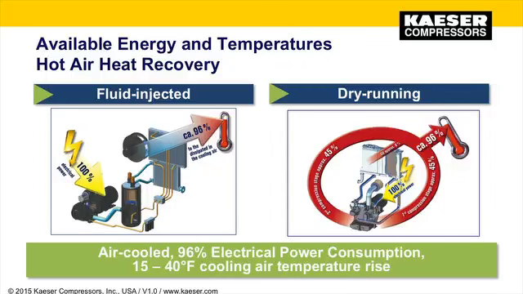For both being air-cooled models, the maximum amount of heat recovery is 96% of the total electrical input power. The temperatures for the hot discharge cooling airflow range anywhere between 15 to 40 degrees Fahrenheit above the cooling air inlet temperatures. Now let's talk about some specific hot air applications.